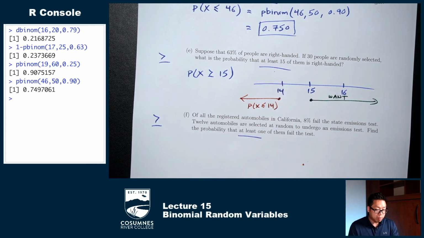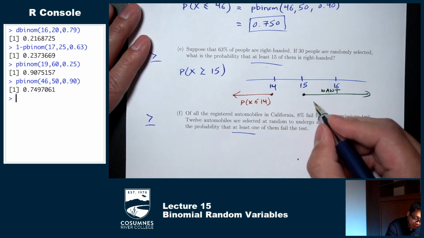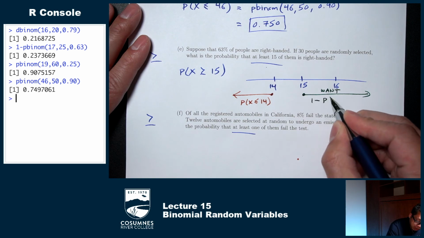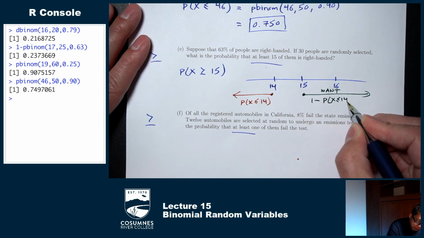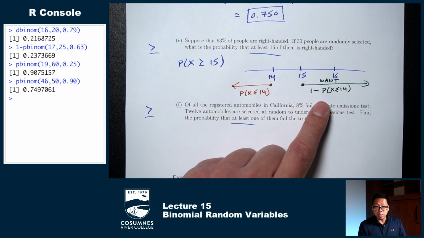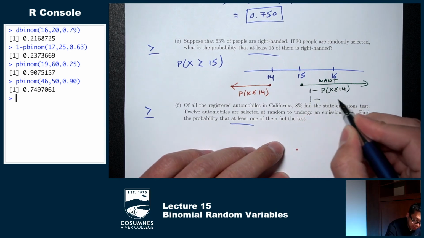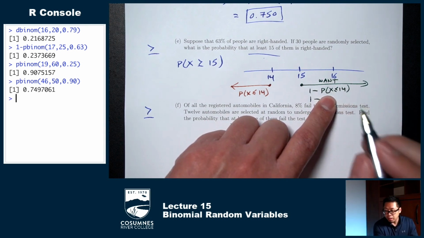To find the right side, that's the complement. All we do is do 1 minus that. So 1 minus less than or equal to 14. That tells me what I need to type into R. So I'm going to type in 1 minus, less than or equal was pbinom.